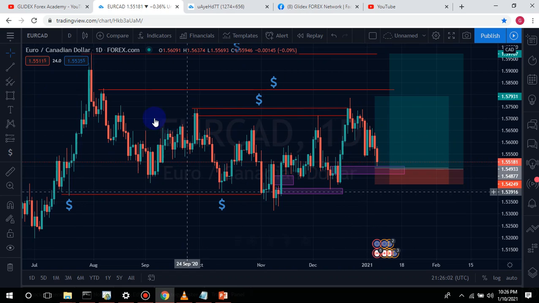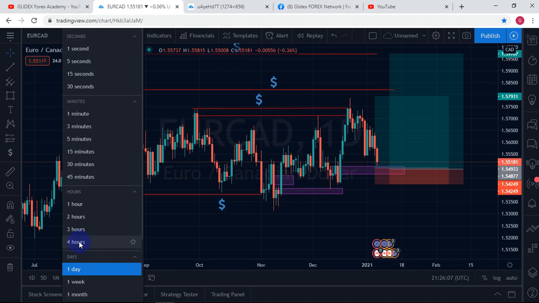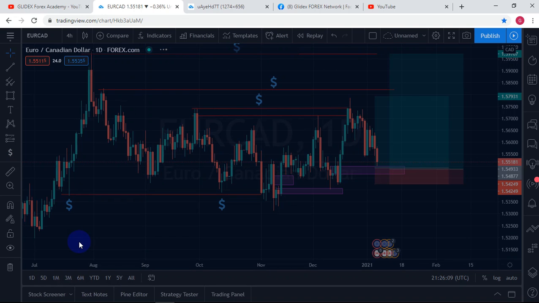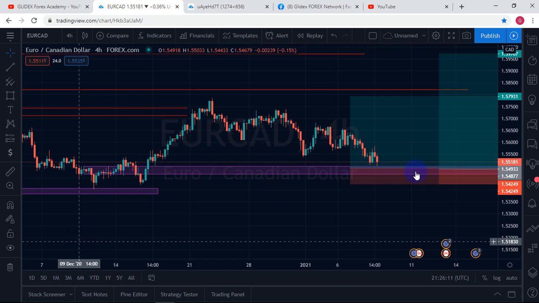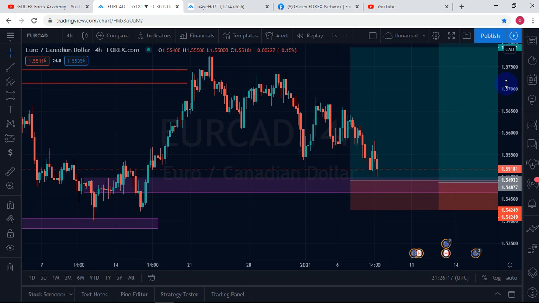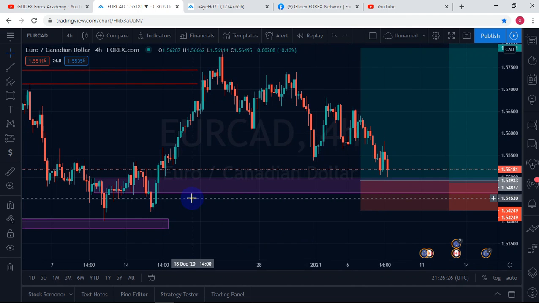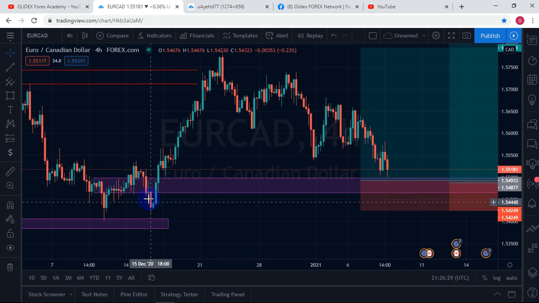Let me show you something on a smaller time frame, because I believe we would have traders who would not want to take that much risk. Now you can look at this bearish candle on the 4-hour time frame.